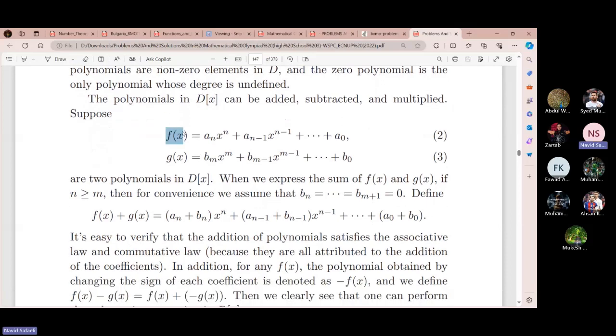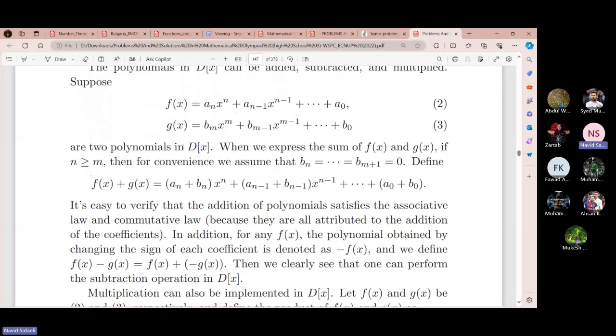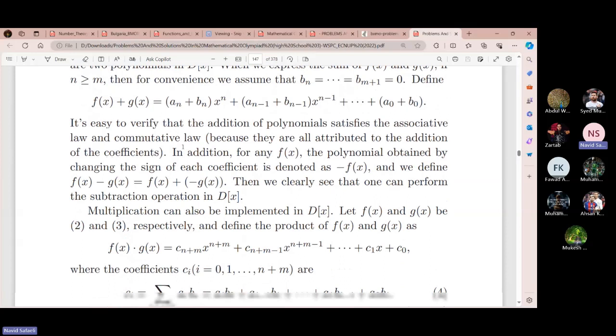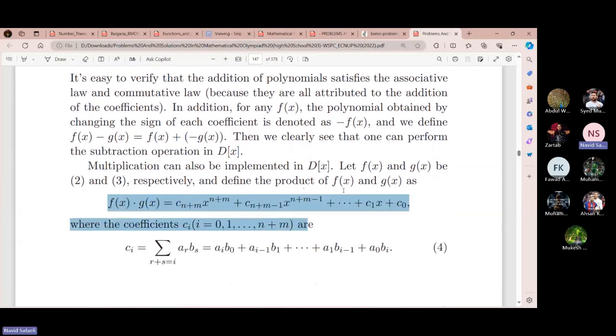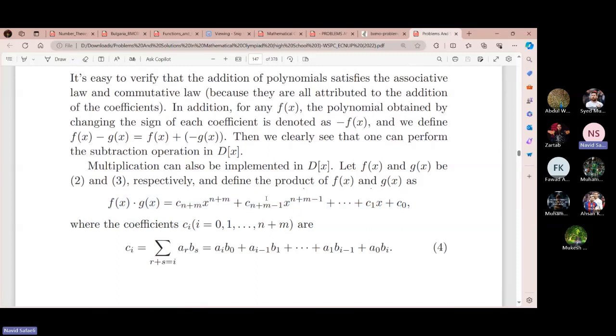If we have two different polynomials, it is easy to define the sum or the product, which would be a polynomial of degree n plus m, and c_i, the coefficient of x^i, would be the sum of terms of the form a_r b_s where r plus s is i, that is, it can be written in this form.